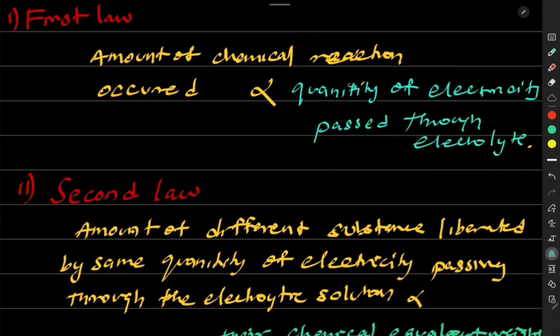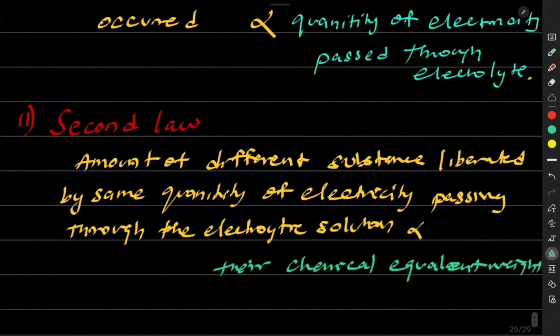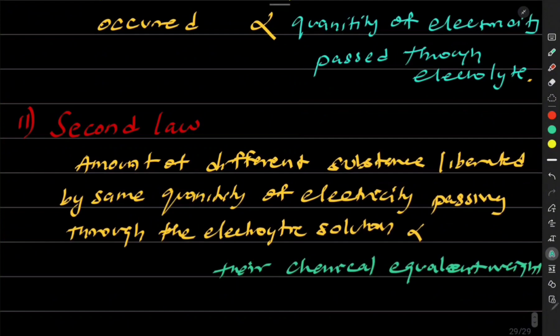The first law: the amount of chemical reaction occurred is directly proportional to the quantity of electricity passed through the electrolyte. The second law: the amount of different substances liberated by the same quantity of electricity passing through the electrolyte is directly proportional to the chemical equivalent weight. What is chemical equivalent weight?